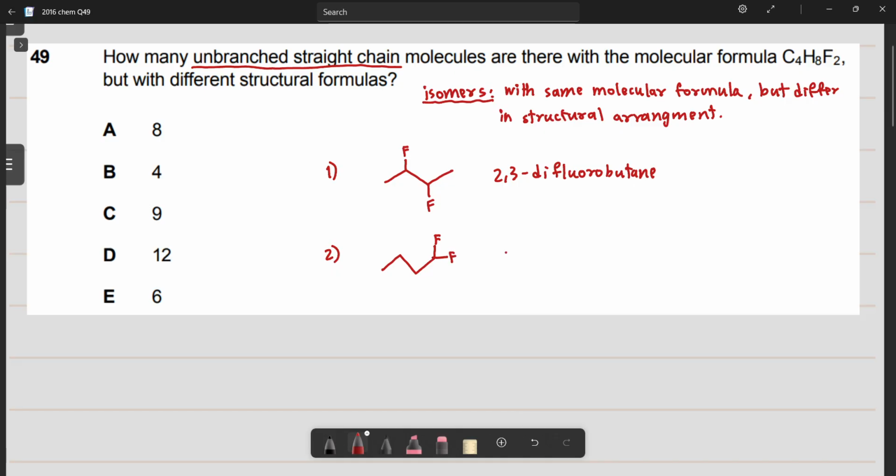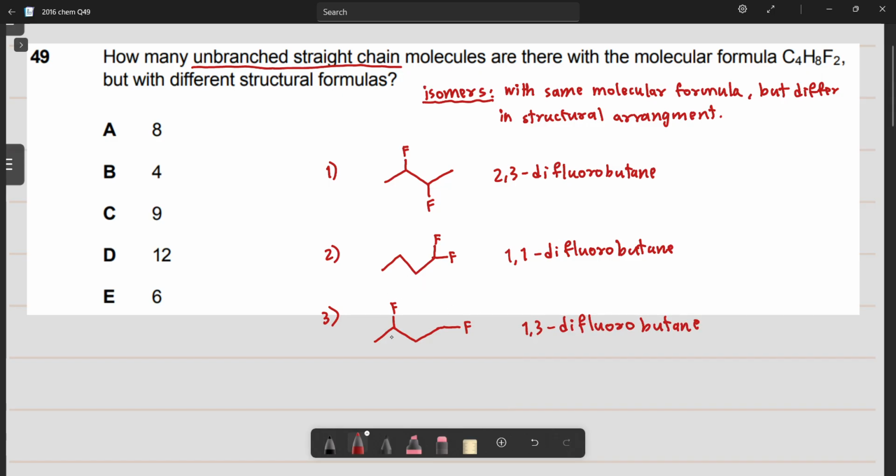Its name will be 1,1-difluorobutane. And number 3, I'm going to draw on different sides: fluorine over here and fluorine on that side. This is going to be 1,3-difluorobutane.